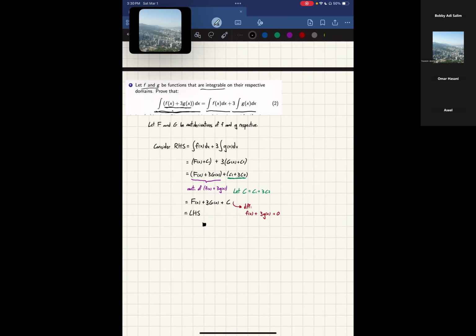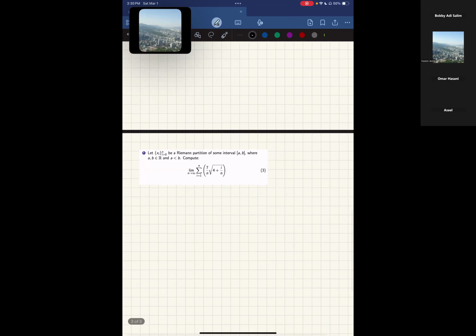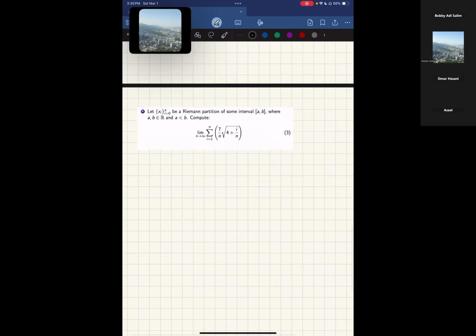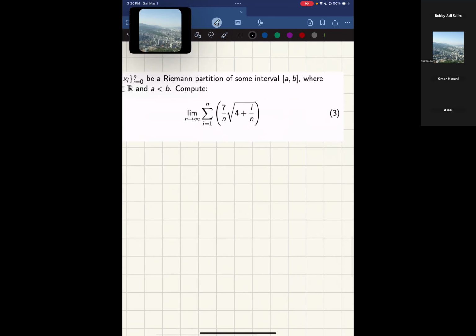Okay, nice. So if we now move to question 3. The above two are two proofs. Now we have a computation. So we have a Riemann partition defined for us for some interval a, b, where a and b are both real and a is less than b. And we want to compute this limit of a Riemann sum.